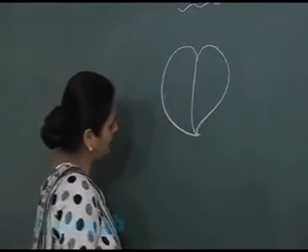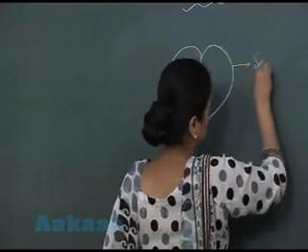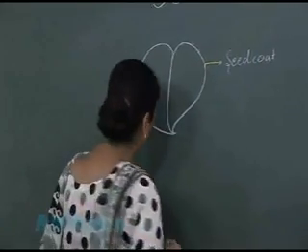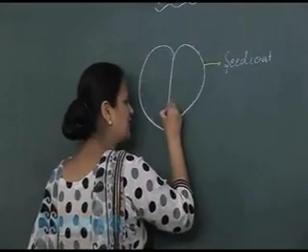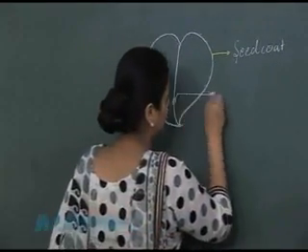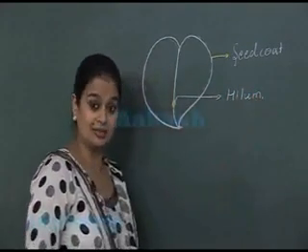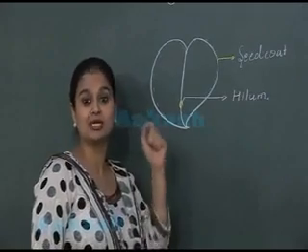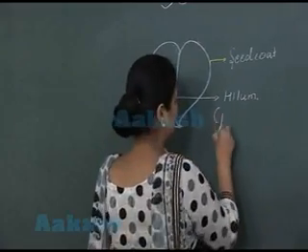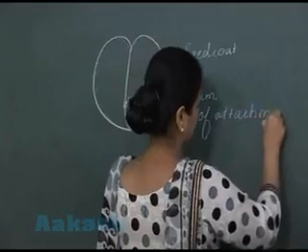The outermost covering of the seed that we are showing here is the seed coat. And over the seed coat you will see that there is presence of a scar. This scar represents hilum. And what is that? This is the point where the seed was attached to the fruit. So hilum is a scar which represents the point of attachment of seed to the fruit.